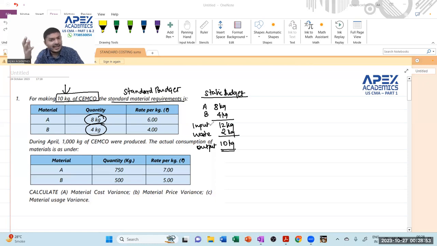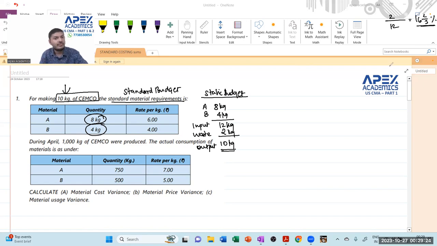So you can say that 1/6 of the inputs, that is 16.67%, of the inputs are wasted. How did I get 16.67%? 2 kgs on 12 kgs is nothing but 16.67%. That is 2 by 12, 1 by 6. I wrote it by mistake. It's 16 and 2/3 percentage.